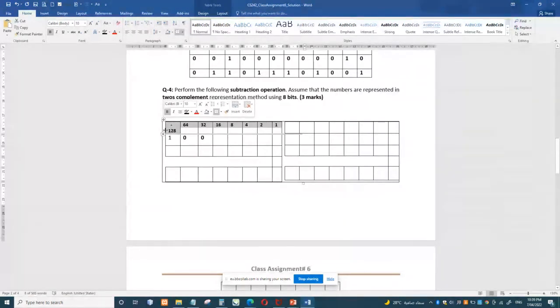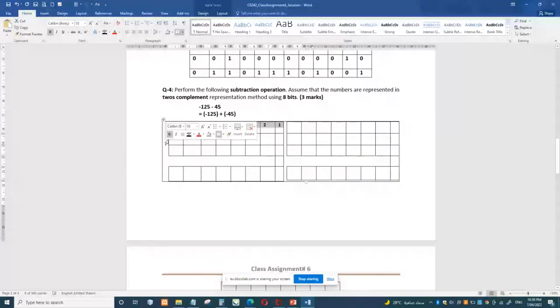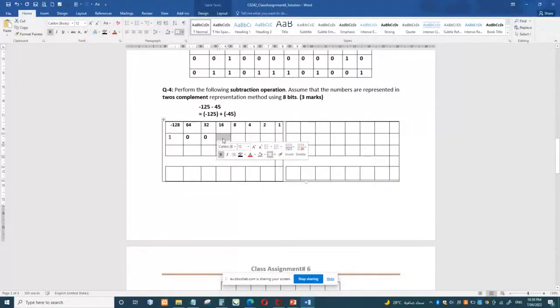So this is minus 128, plus we need to add 3 to it. So 1 plus 1. Everyone understanding? Yes, doctor, it's clear. Why are we not using the other boxes?